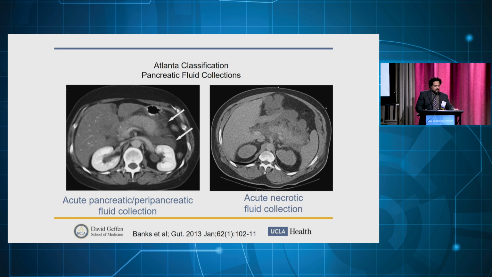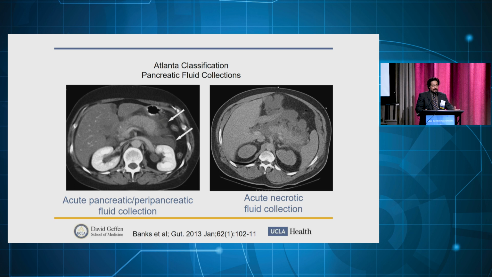So it behooves us to be familiar with the Atlanta classification. Early on, pancreatitis is either necrotic or not necrotic, and if there are fluid collections, they're acute peripancreatic fluid collections, or if there's necrosis present, an acute necrotic collection. So it's incorrect to use terms such as phlegmons or pancreatic abscesses.